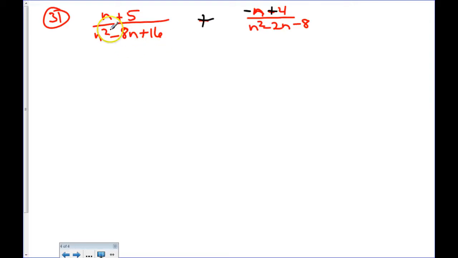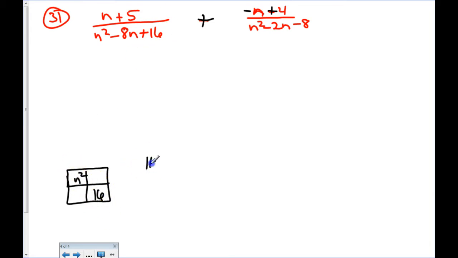First of all, I need to find my factors. To do that, I'm going to go down here to the bottom and do the box method to factor that out. My n squared goes here in the top left corner. The last term, 16, goes in the bottom right box. I'm going to multiply those together.